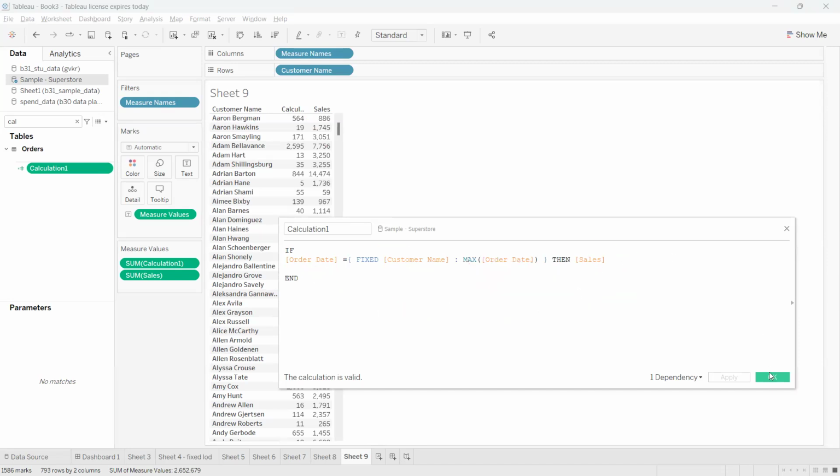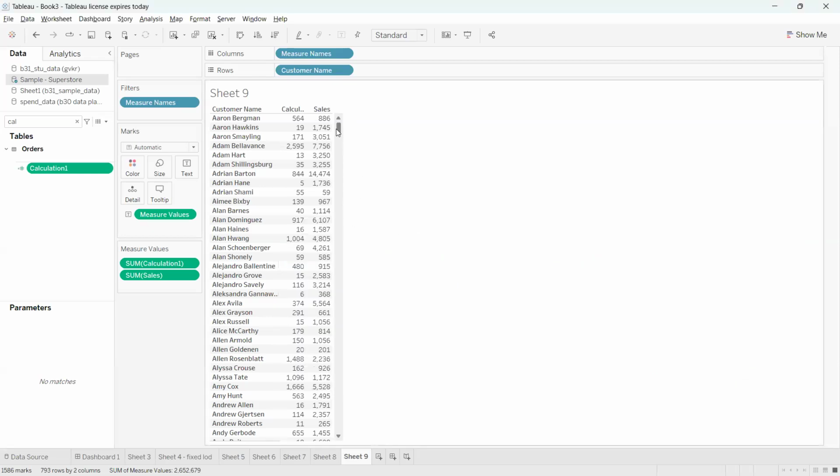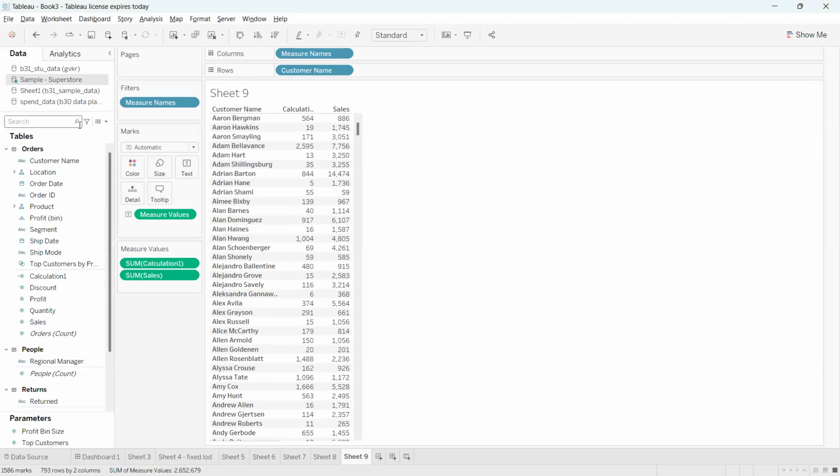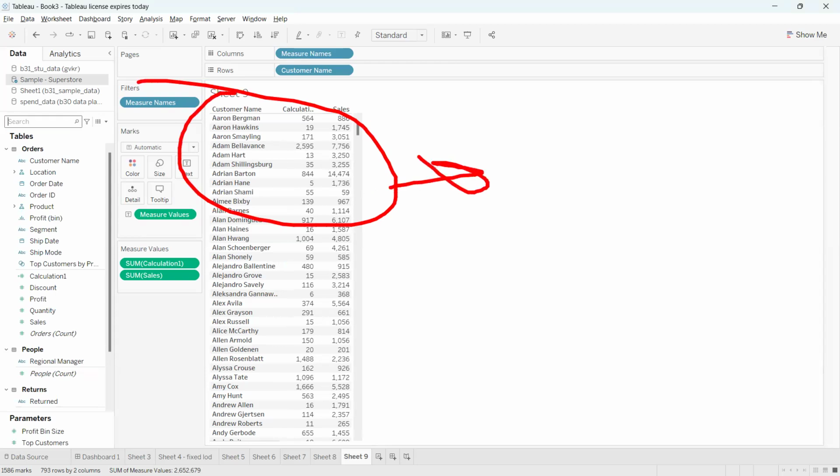So this is one of the most required, most complex calculations. If you try to achieve the same thing in Power BI, it is a very, very lengthy calculation. So Tableau is very simple. It will automatically aggregate the data at the dimensions which you see in the sheet. So if you want to aggregate the data for those dimensions which are not used in the sheet, then go for fixed LOD.